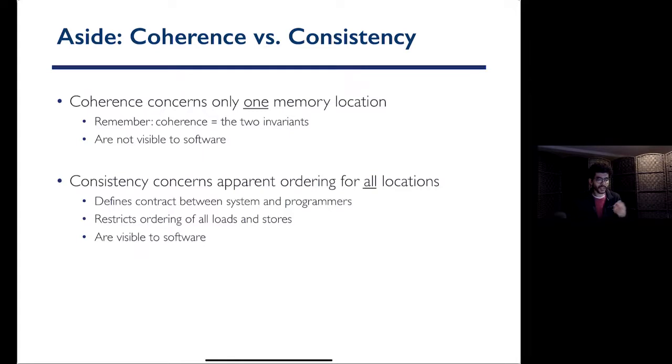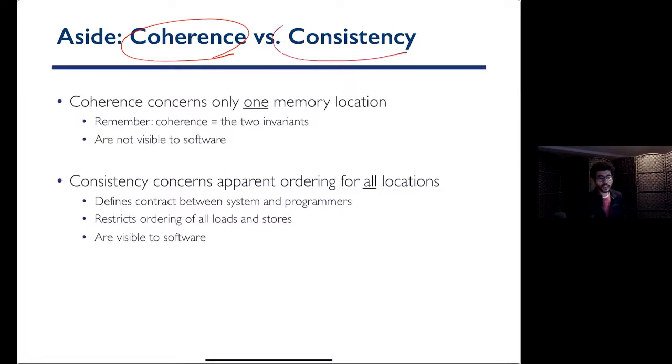Now you might say, what's the difference between memory consistency and cache coherence? The answer is, with cache coherence, we're looking at a single address, and we want this to be coherent on all caches. So it's about a single address. Basically for any address, we want it to be coherent among caches.